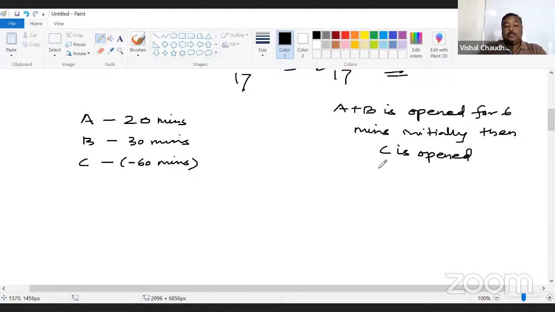So time to fill the tank क्या होगा? Please attempt it.